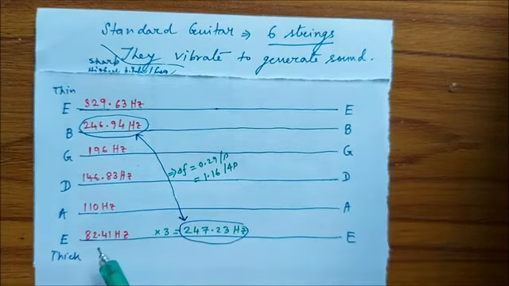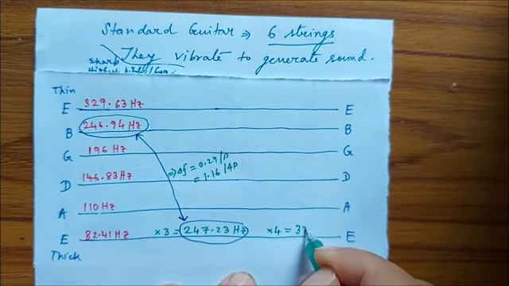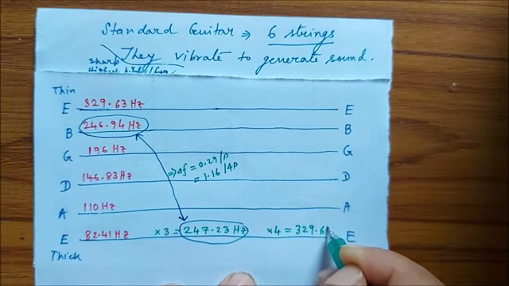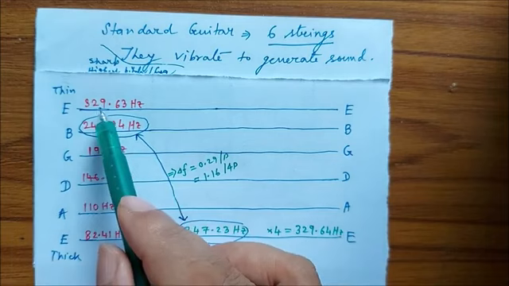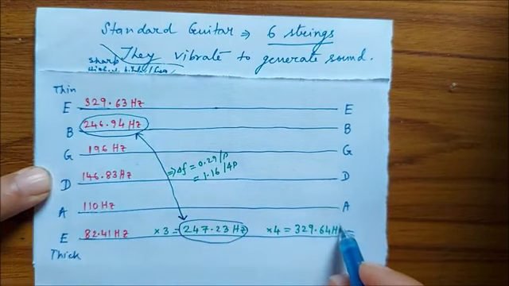Again, if this low E string is vibrated in the fourth harmonic, we get 329.64 Hz, which is very close to the high E frequency in its fundamental or first harmonic. So we can compare them.